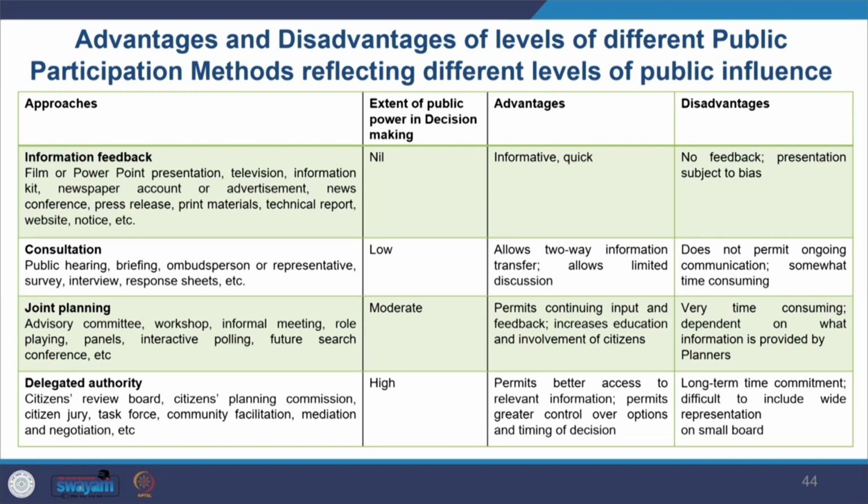And if you see in such kind of thing where you are just putting it on the television, the news, you're telling that a certain kind of project is happening, then how much power will the people have? The people power here would be nil. But still the advantage of this is that there's quick information. So information gets shared very quickly, and the disadvantage is that no feedback happens on what you have been sharing.